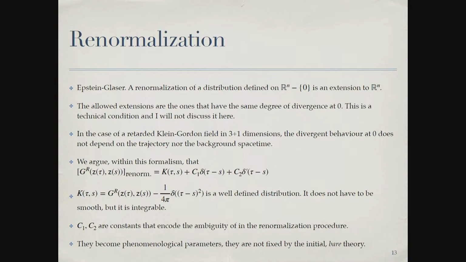So we understand renormalization as: I have a distribution over a set that is Rn minus 0, and what I do is characterize the possible extensions, mathematically, that I can have as a distribution to the whole Rn.